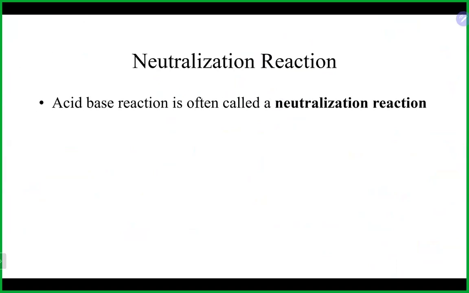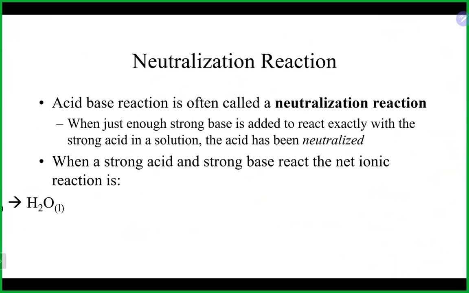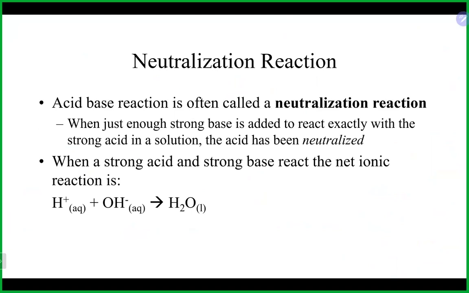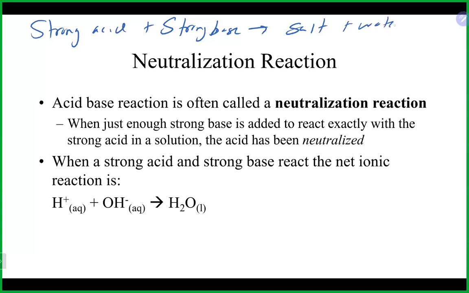All right. The next thing we're going to talk about is sort of the lab that we did last week as well, which is neutralization reactions. When we take a strong acid plus a strong base, we usually get 2 things, which is a salt and water. Water obviously being H2O.